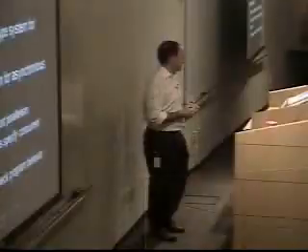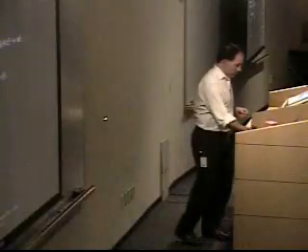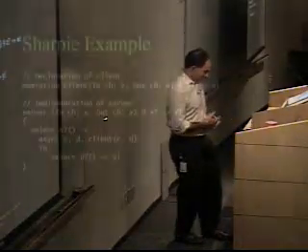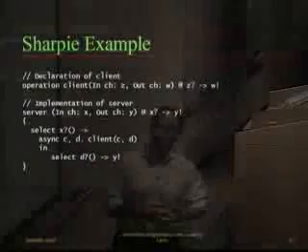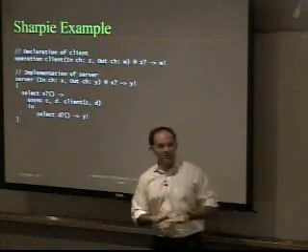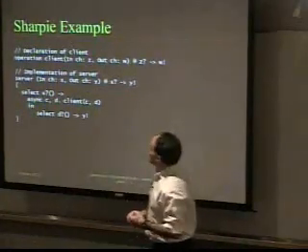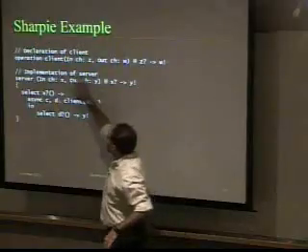Sharpie is an extension to C# that is trying to take this type system, graft it on top of C#, add some support for asynchronous programming constructs as well, and be able to automatically check whether a program meets its behavioral specification. So, to give you an example, and I apologize for the syntax, I'll point out exactly what's going on here, and hopefully people can understand it. We will clean up the syntax before we release it to the world. So the idea here is we have a client and a server.